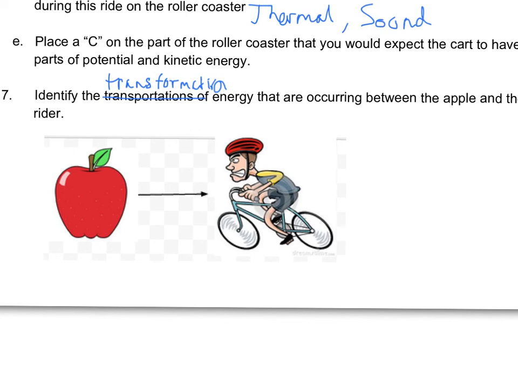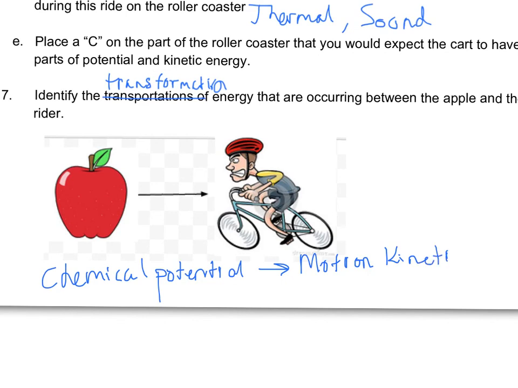We know that we have stored chemical potential energy in the apple, and that is being transformed to motion kinetic. What else could that be being transformed to? Well, we could have thermal kinetic, because we know that we sweat when we're riding a bike. Or we could have sound kinetic.